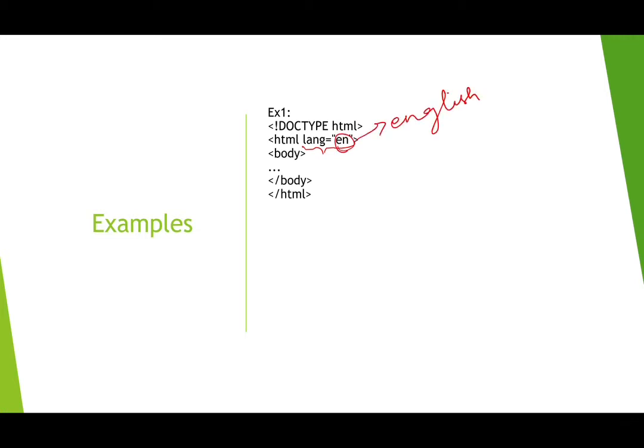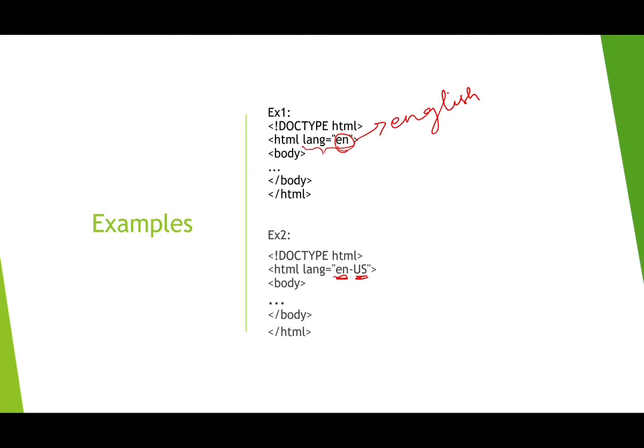Country codes can also be added to the language code in the lang attribute. The first two characters define the language of the HTML page and the last two characters define the country code. The following example specifies English as the language and United States as the country. I have shared the file link containing language and country codes in the description below. Please click the link for your reference.